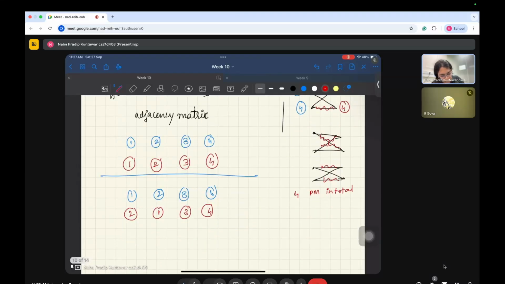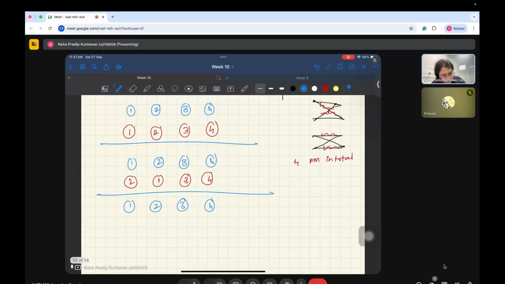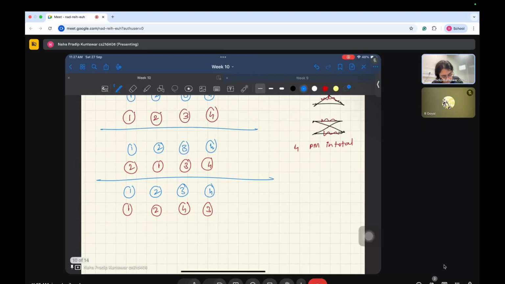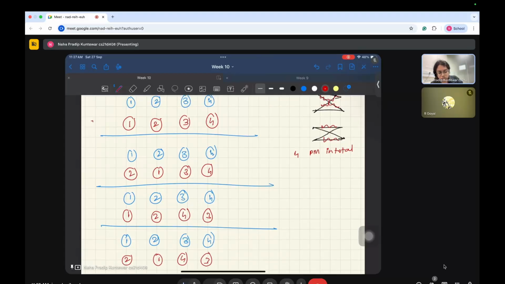I'll write all of them. Now these are the four possible perfect matchings that we have.